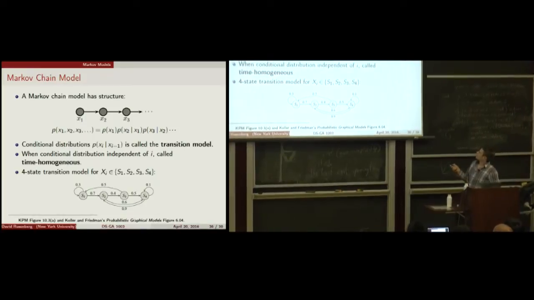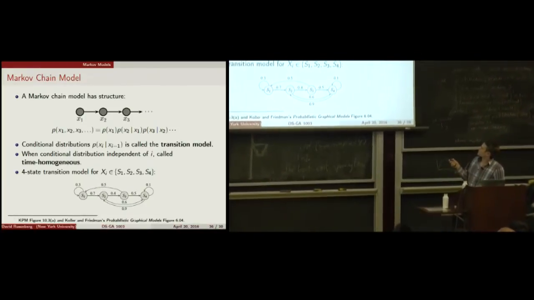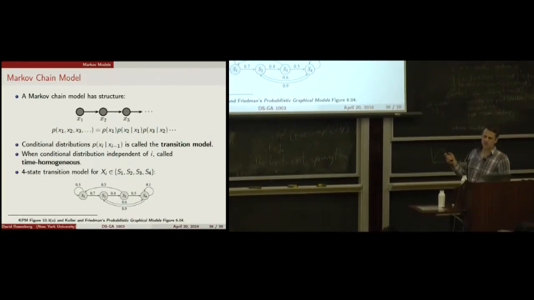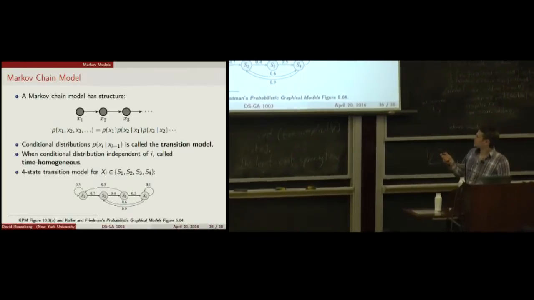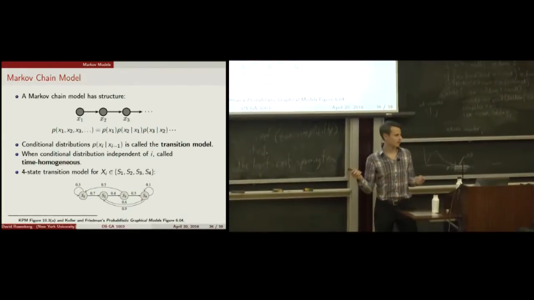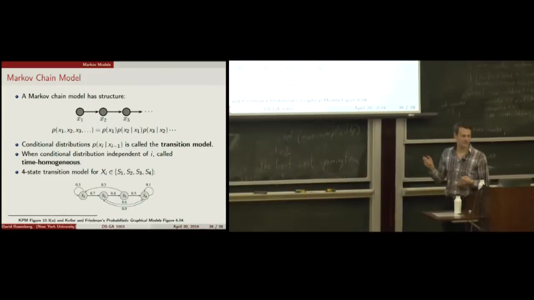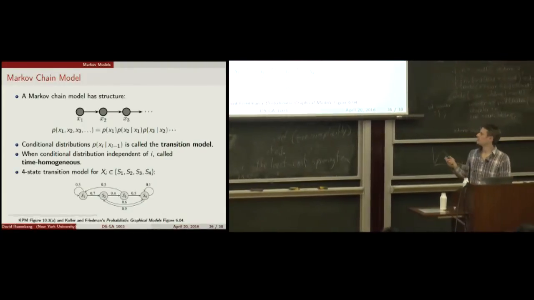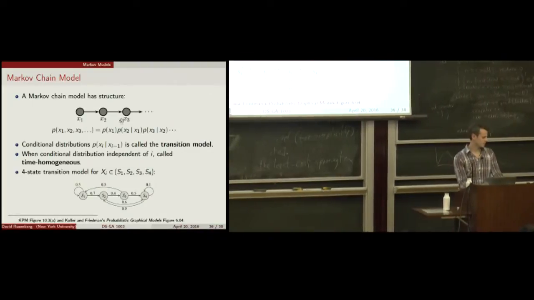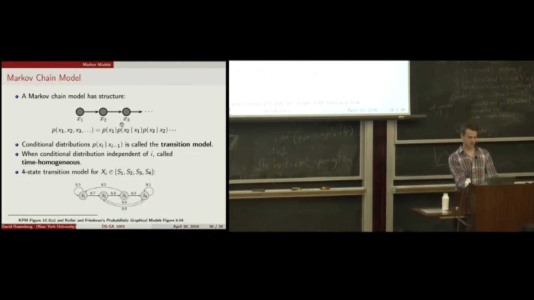Each of these conditional distributions, like X2 given X1, X3 given X2, in this context is called a transition model, because we can look at this almost as a time series. A Markov chain is often used in a time series context where the index is increasing over time, for example, observation at time 1, observation at time 2, etc. As we've written it here, each of these transitions could have a different probability distribution.